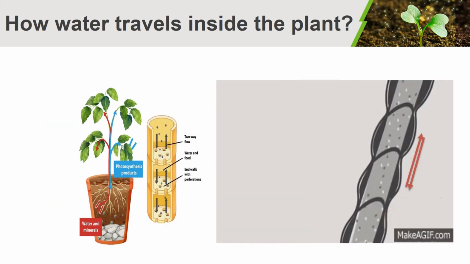You all learned in previous classes that leaves prepare the plant food. Can anyone guess how the roots and stem get their food prepared by the leaves? There is another type of hollow tube inside the stem called phloem.